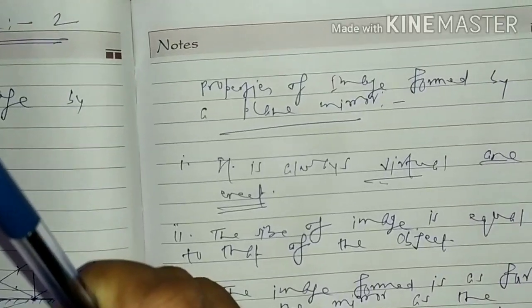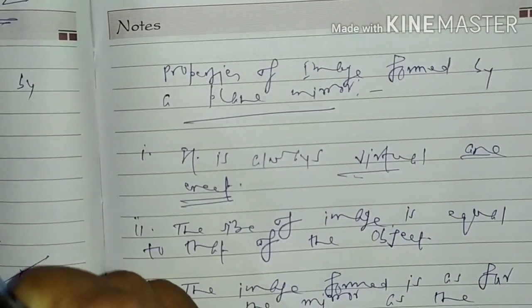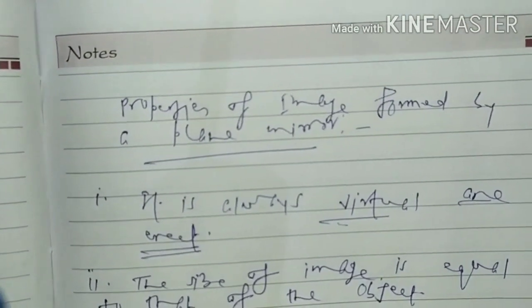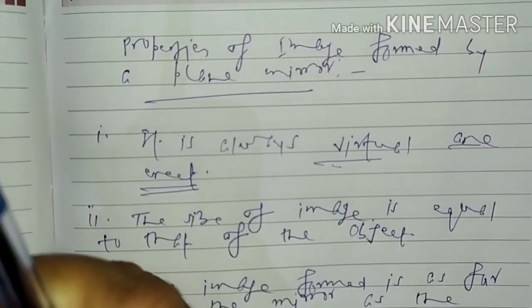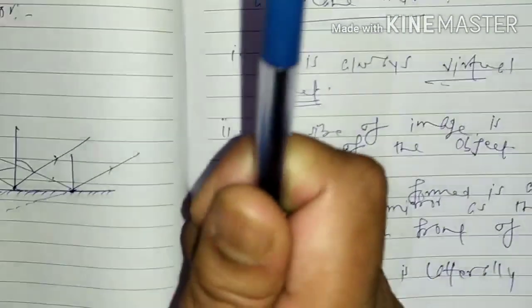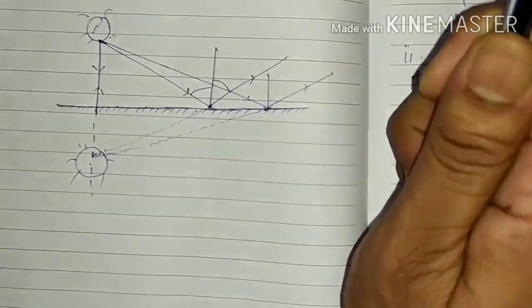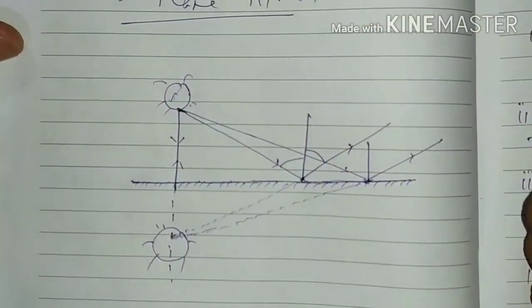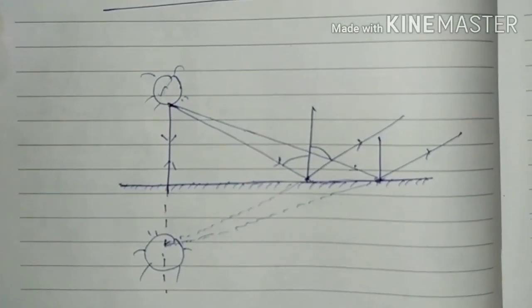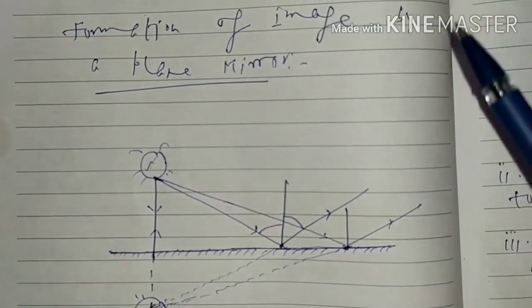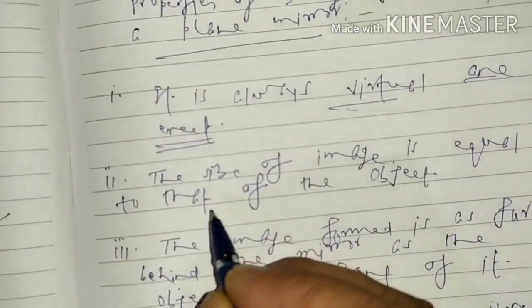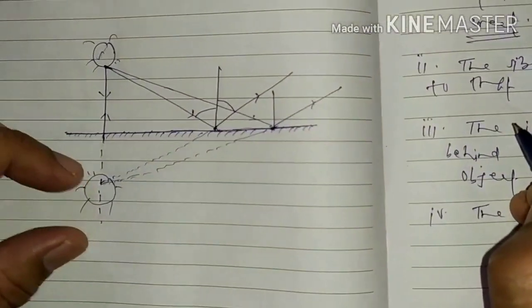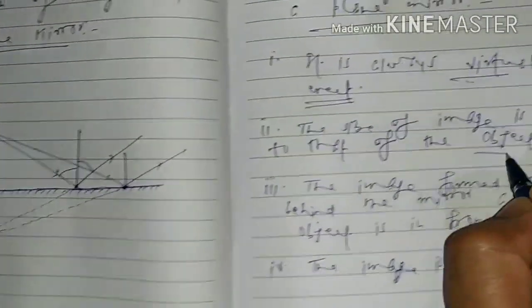But if you see your face in a concave mirror, you will see a lot of different situations. Sometimes your head will be in the upper direction, sometimes in the lower direction. When it is in the lower direction, it is called inverted. So the image formed by a plane mirror is virtual and erect. Second property, the size of the image is always equal to the size of the object.